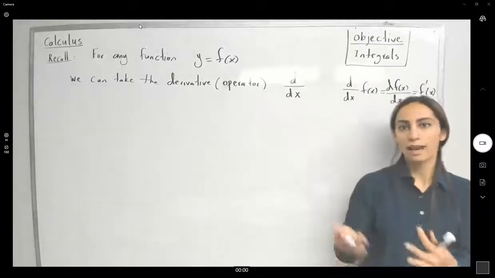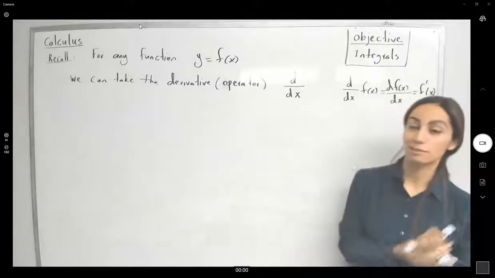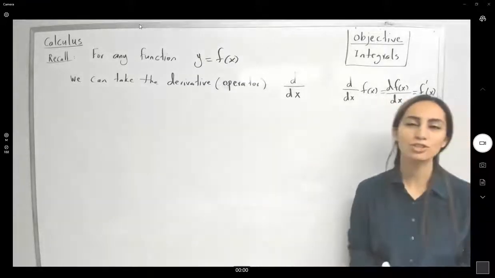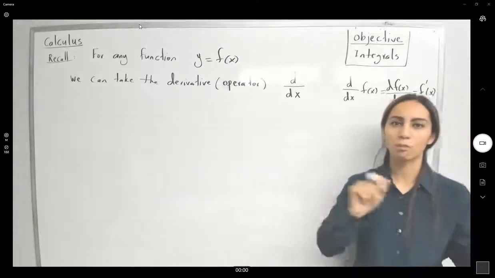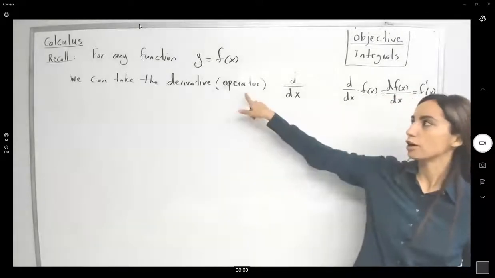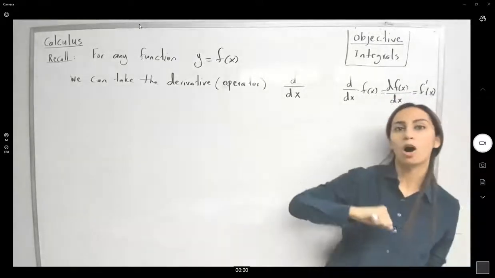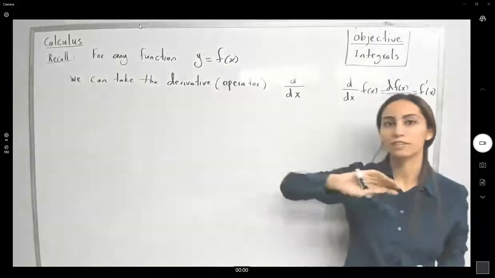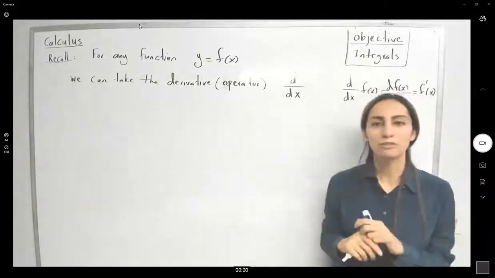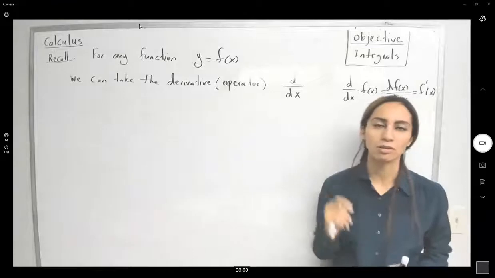So like defining addition and then subtraction, multiplication, division, they're opposite operations. We can define the opposite operator for the derivative, which is the antiderivative, or eventually, remember that we call it the integral.